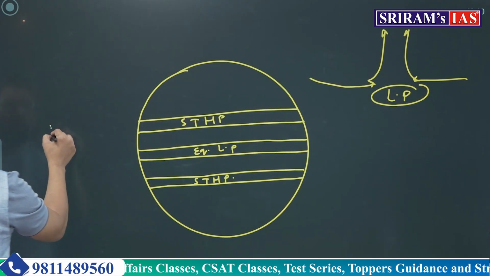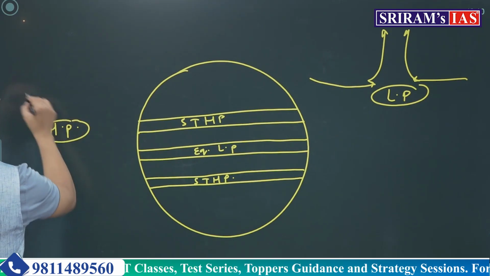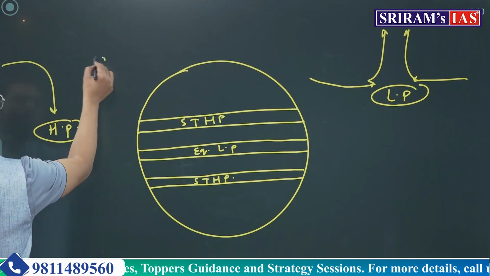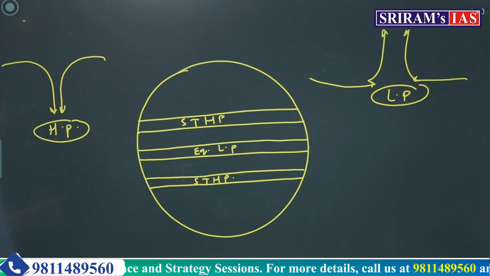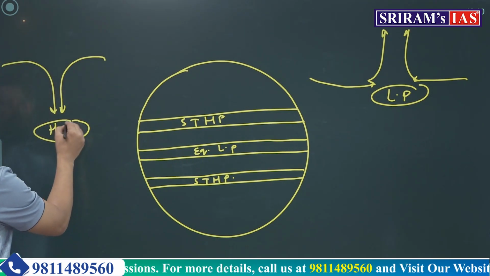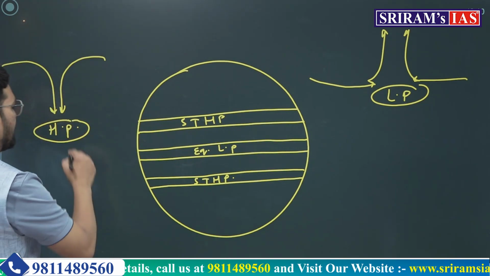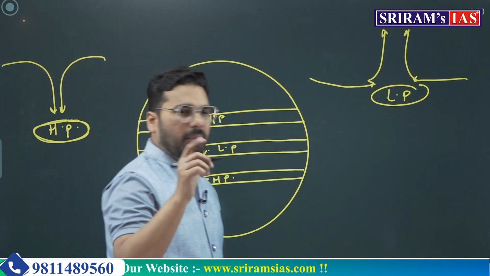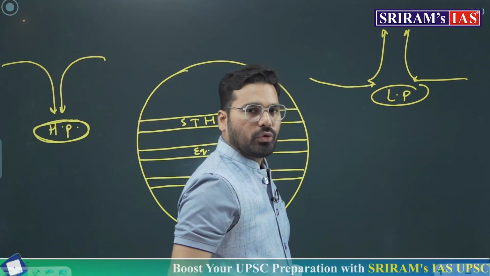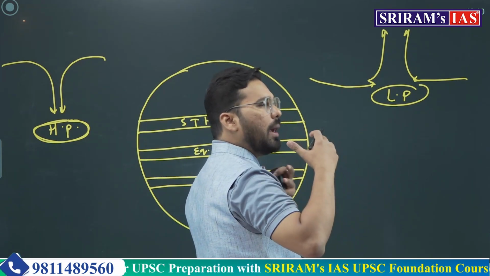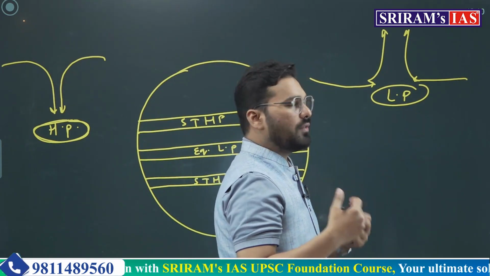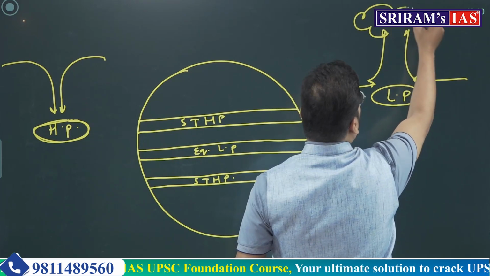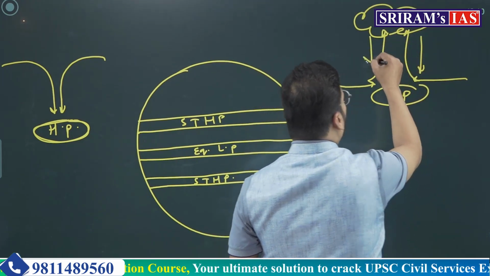But in high pressure, what happens? In high pressure conditions the air from above actually keeps coming in, it keeps sinking. That means here there will be a lot of air present, so this becomes a high pressure area. Now, when it is a low pressure area, don't you think when air goes up, evaporation and evapotranspiration will happen, it will create clouds, and probably can create rainfall also.